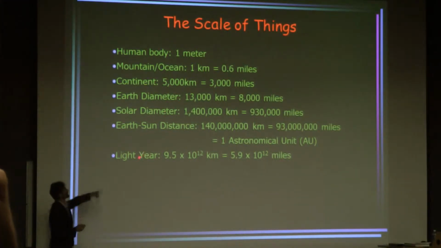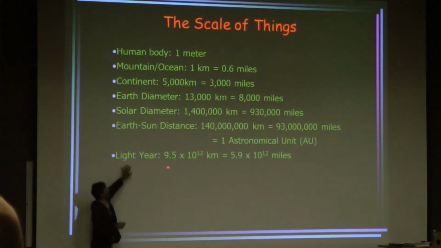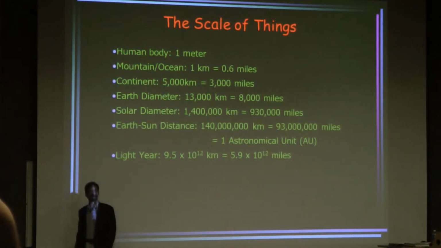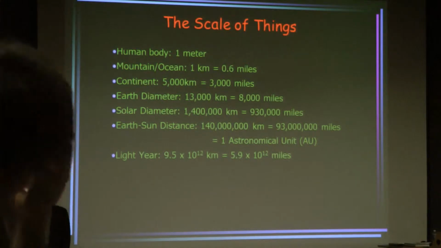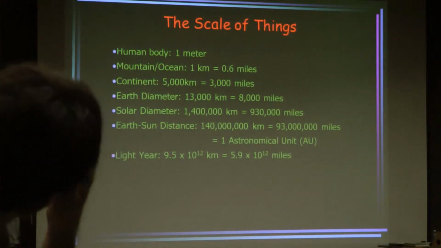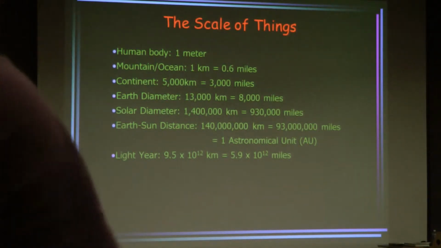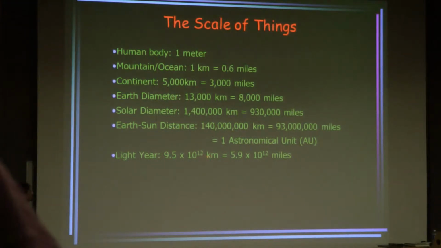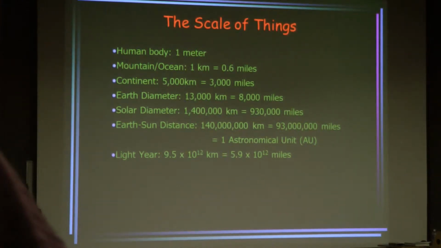Now, when we're talking about distances to the stars, we start introducing a new unit called a light year, which is the distance light travels in a year. Because light has such an incredibly high velocity, a light year is around 10 trillion kilometers or so. And that's not even the distance to the next star, which is about 3.5 light years away, roughly.